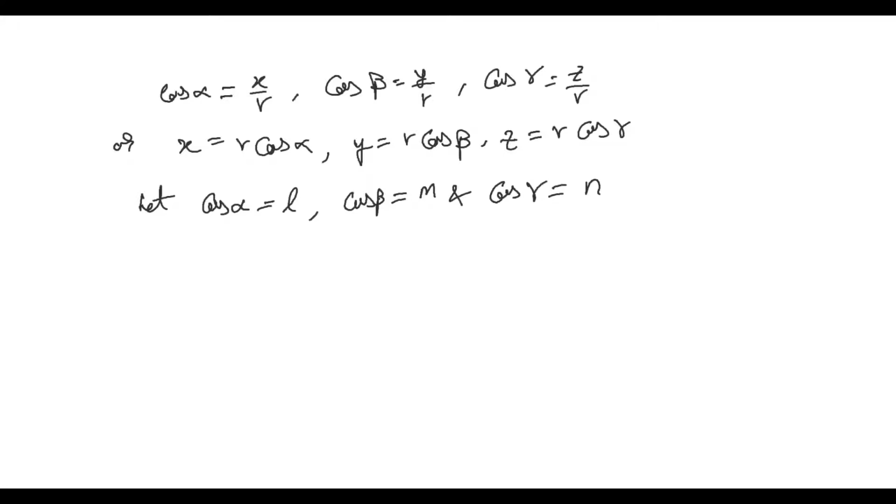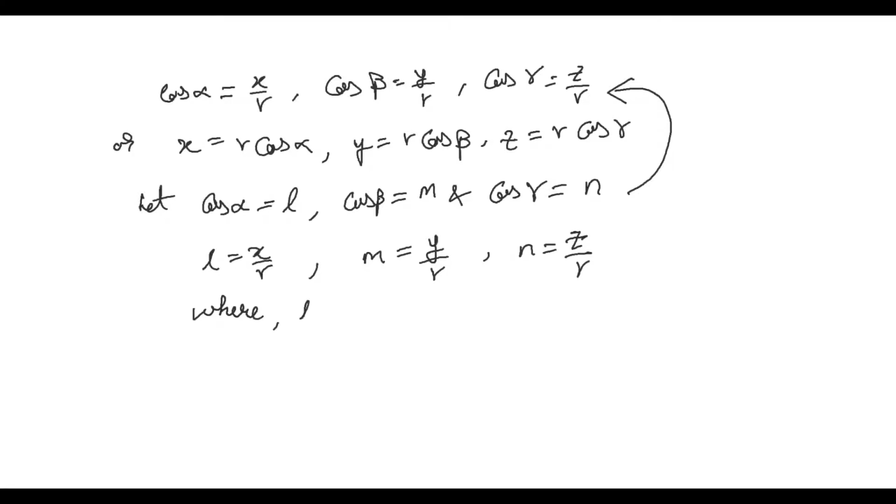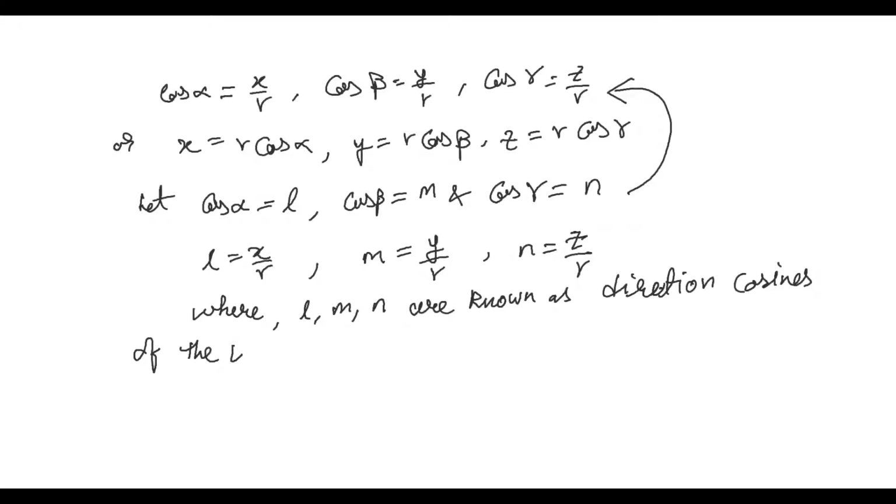Okay, so if you substitute that in this equation, it is going to be L equals x by r, M equals y by r, and N equals z by r, where L, M, N are known as the direction cosines of the line OP.